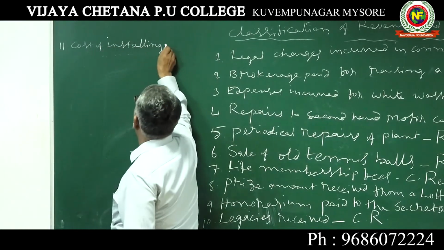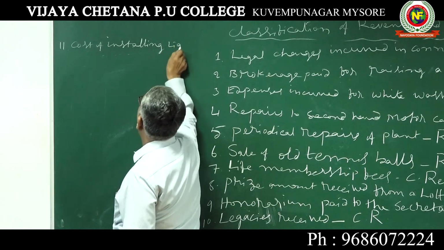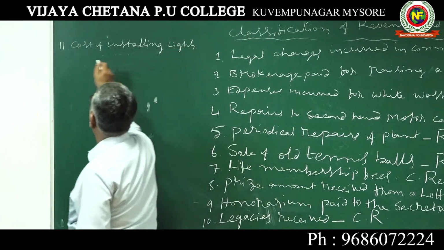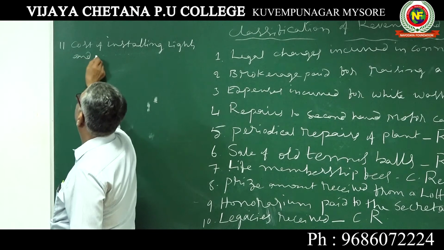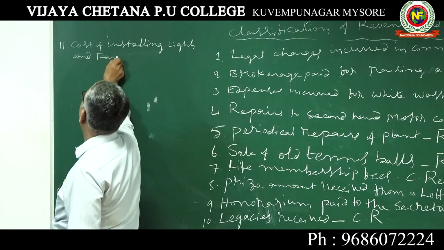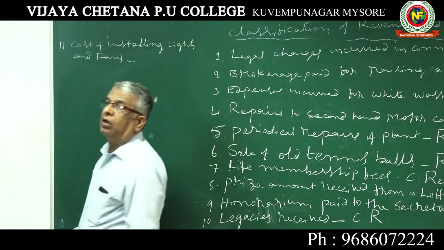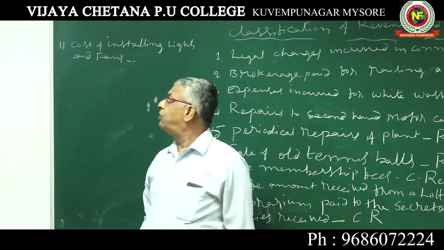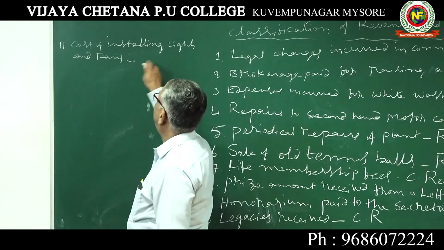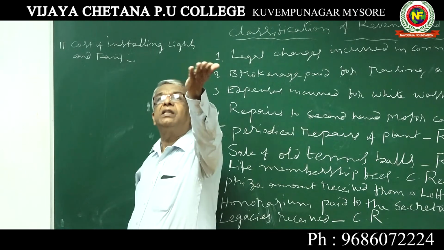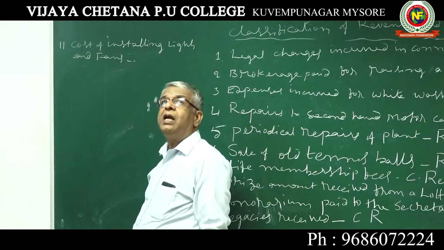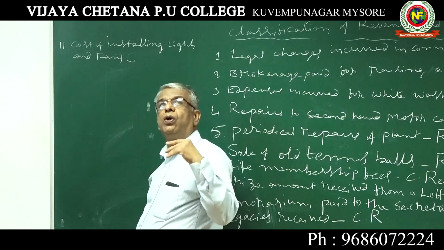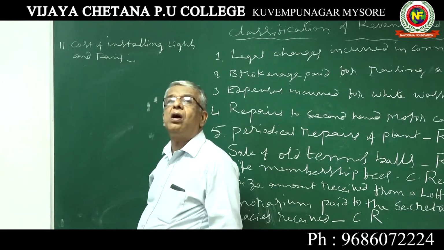Cost of installing lights and fans. As you know, it is the amount spent on installing lights and fans. It is a capital item, because we are going to use that asset for a longer period.